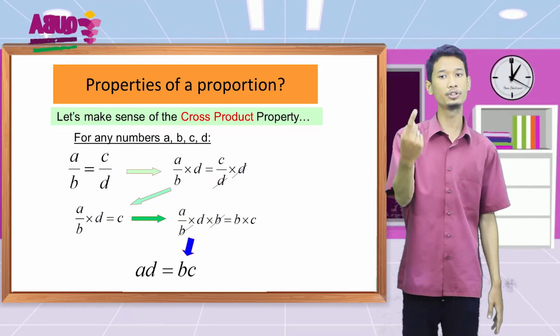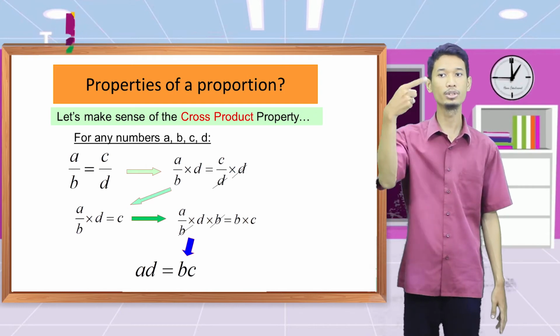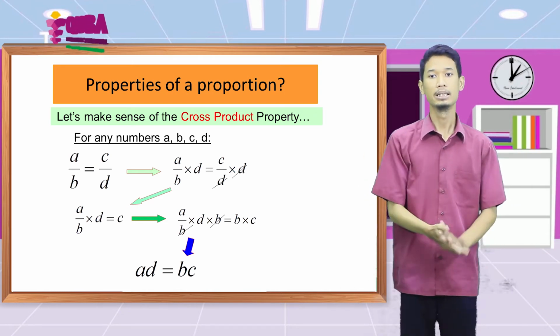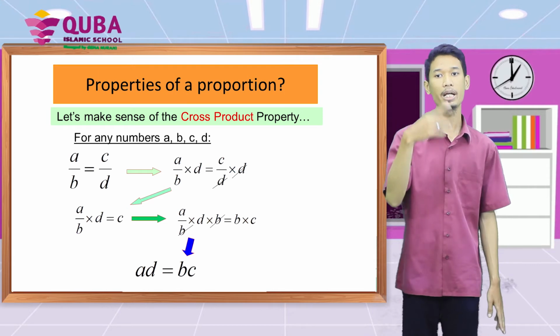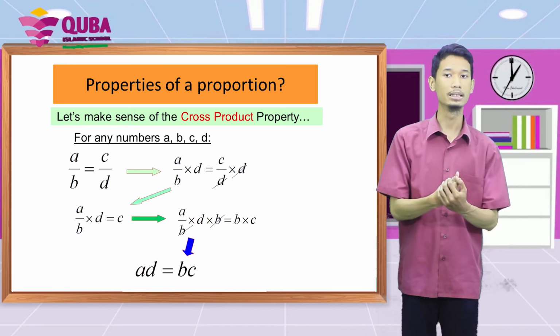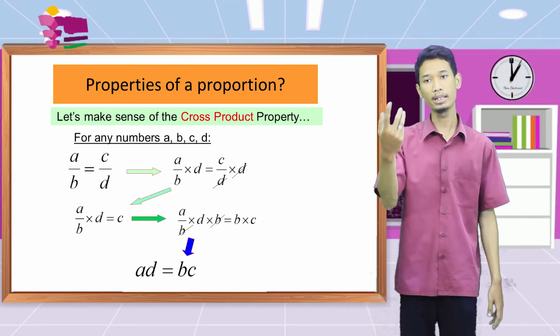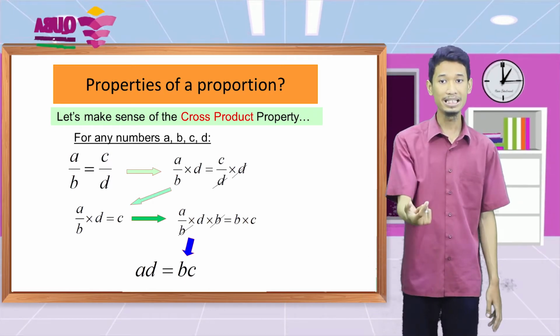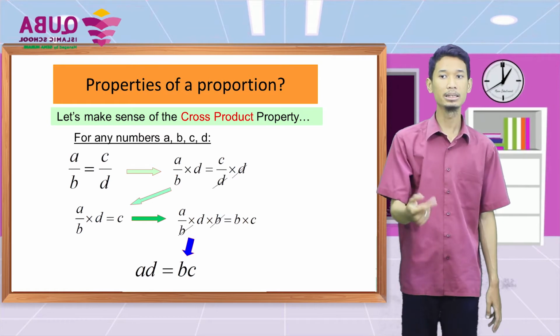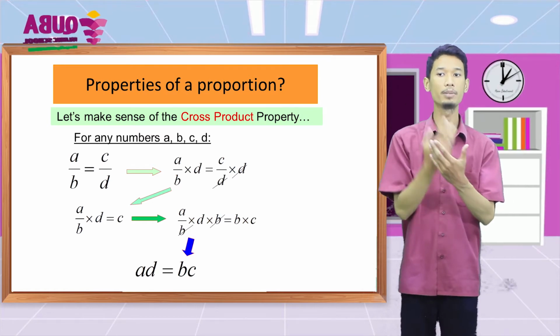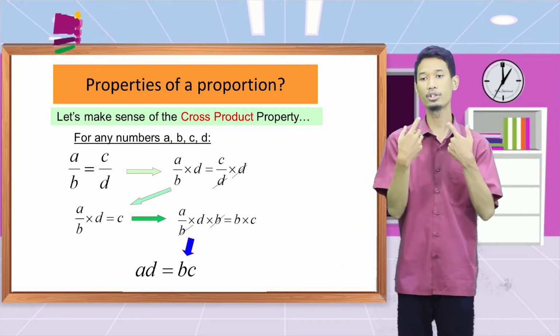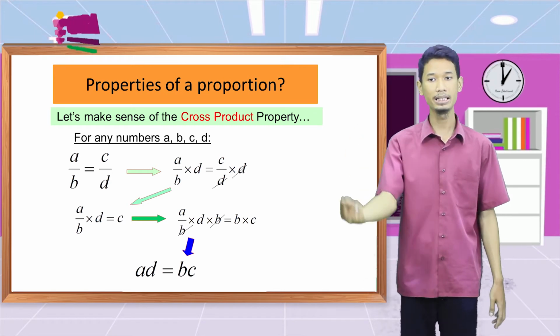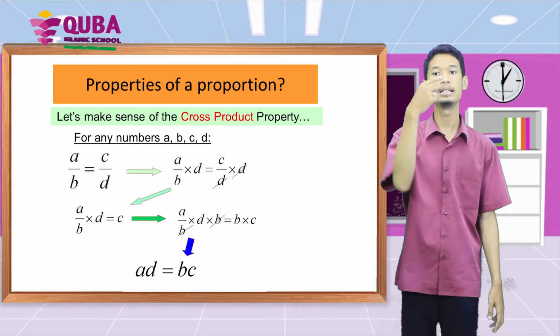We can substitute A over B with C over D, and then A over B multiplied by D equals C. We can multiply again. A over B multiplied by D multiplied by B equals B multiplied by C. So the conclusion is A multiplied by D equals B multiplied by C.